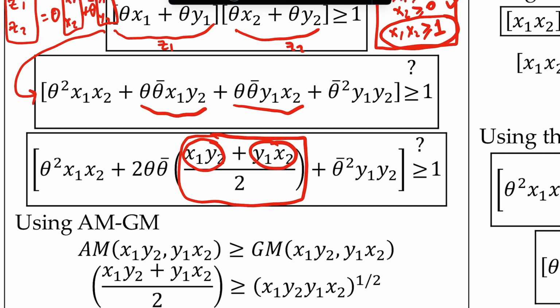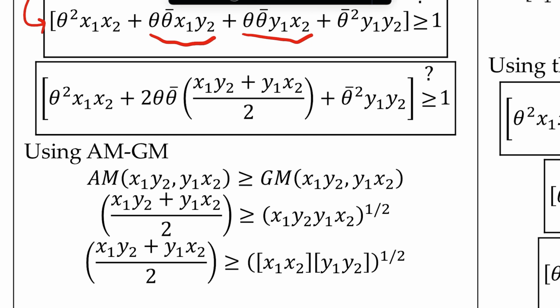This is the arithmetic mean, AM, of the given 2 terms. So now you may say, I think we are gonna use the AM-GM inequality, and yes, you're right. X1, Y2, Y1, X2: don't even look at those given terms, just call them alpha 1 and alpha 2 if you feel better about it.